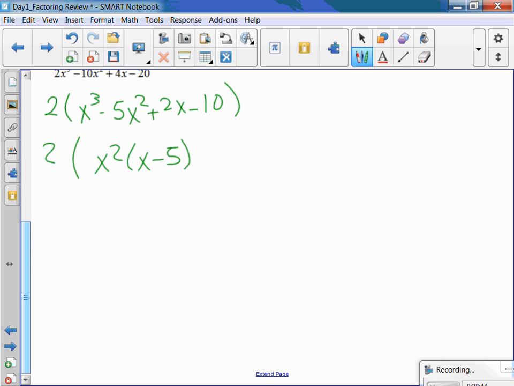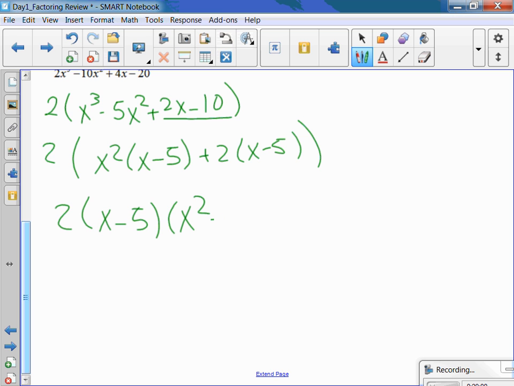So we have that x minus 5 in common. Giving us a final answer here of 2 times the quantity x minus 5 times x squared plus 2. Questions?